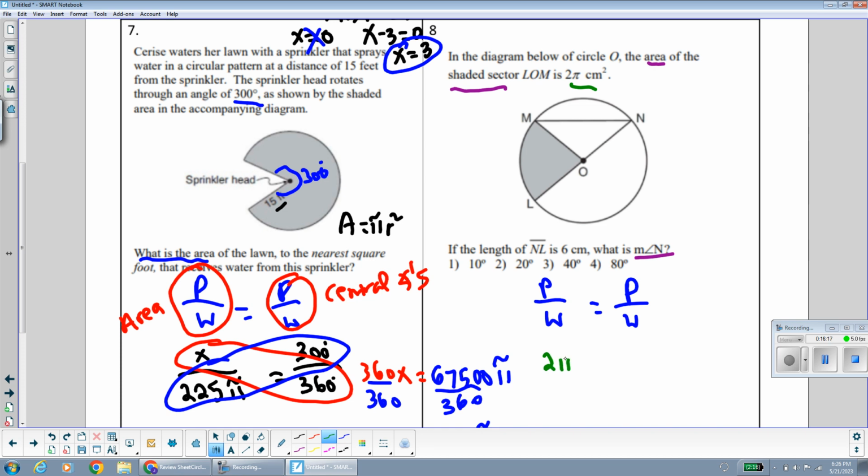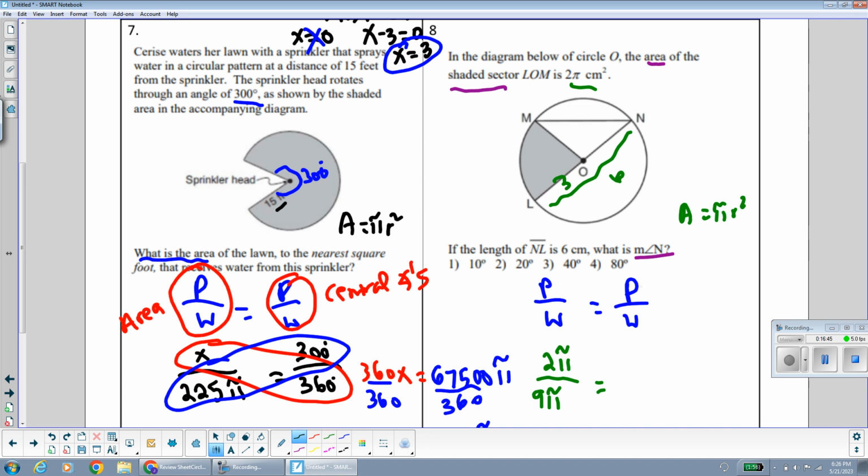So that is the area of that part of the circle, of the shaded part. And the area of the whole circle is pi r squared. And they did give us the radius. Well, no, they give us the diameter. The diameter is 6. So the radius would be half of that, which would be 3. So 3 squared is 9. So the area of the whole circle would be 9 pi.